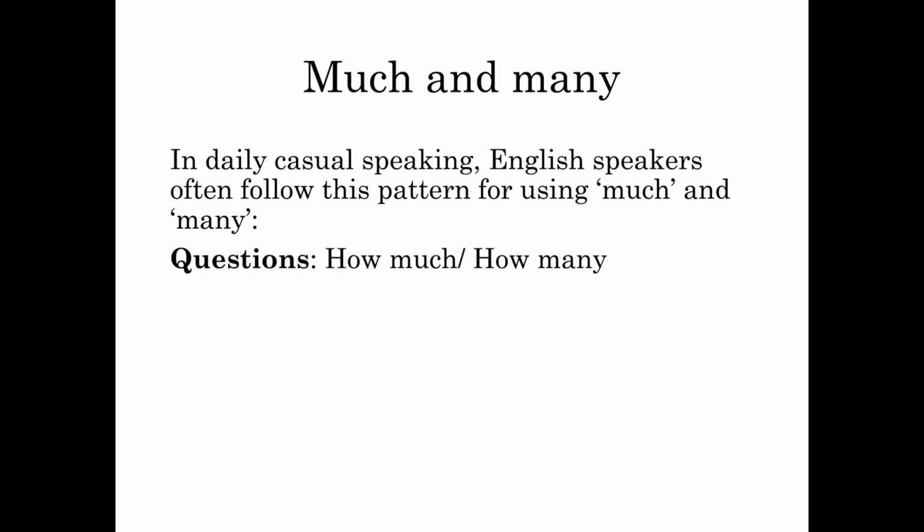Questions. When we ask a question, we divide between countable and uncountable. How much or how many, depending on countable or uncountable items. The second category for using much and many is negatives. Not much and not many.